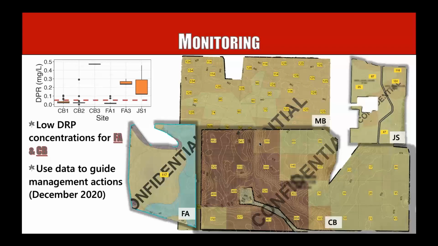So for instance, if you look at the CB field, if you look at that graph in the upper left-hand corner, the runoff from CB1 and CB2, all those are below the threshold that we're looking for. So it might not be necessary to install management at that site, despite having pretty high STP concentrations.